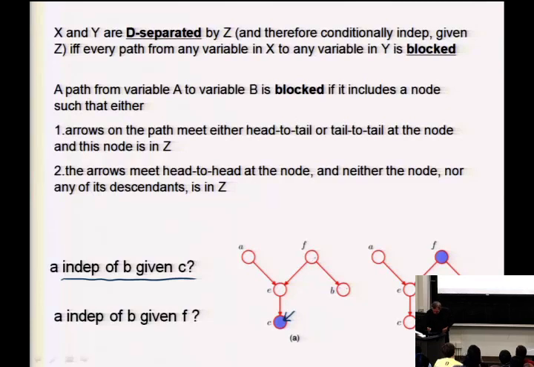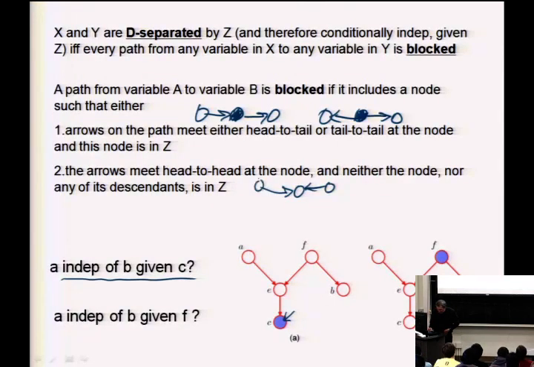And of course, F doesn't block the path because even though it's one of our nice substructures, we're not conditioning on F. So again, we must have either this structure where the darkened nodes are observed or conditioned on, part of Z, or we must have a collider structure with no information about the node housing the collision.